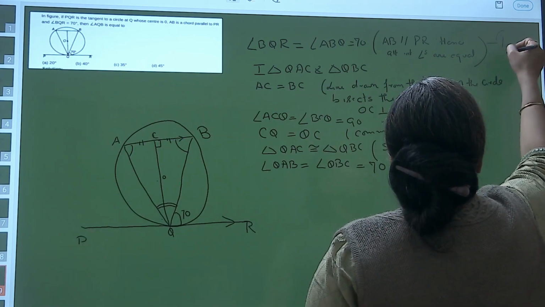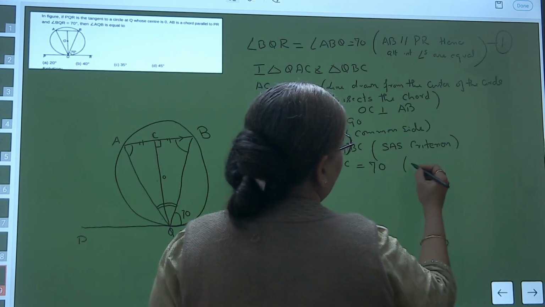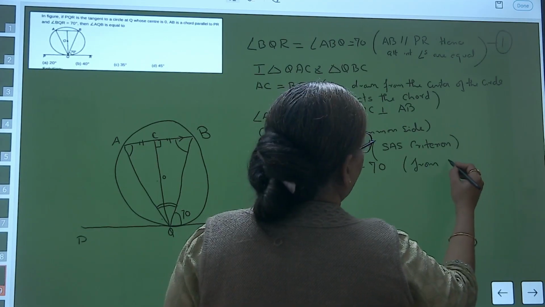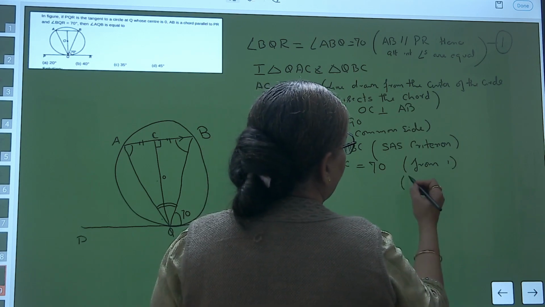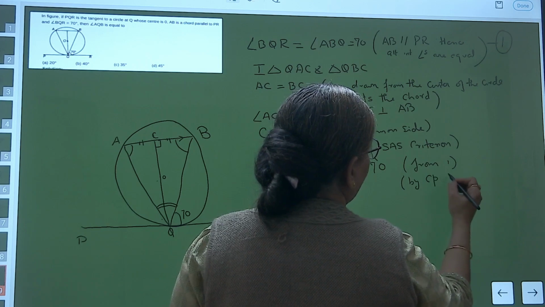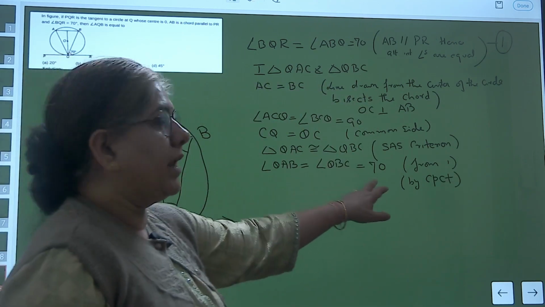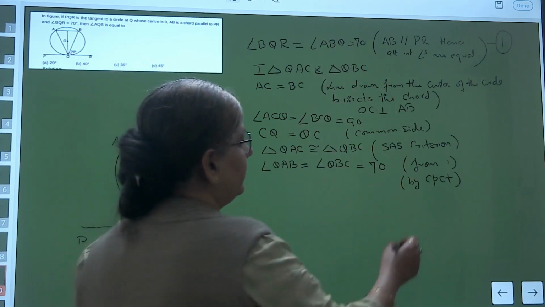This we have proved here. So from 1 and also by CPCT, both the angles are equal and the value is equal to 70 degrees from equation 1.